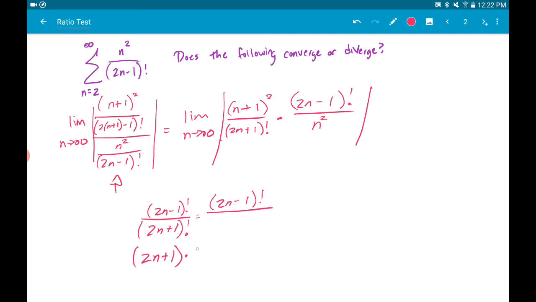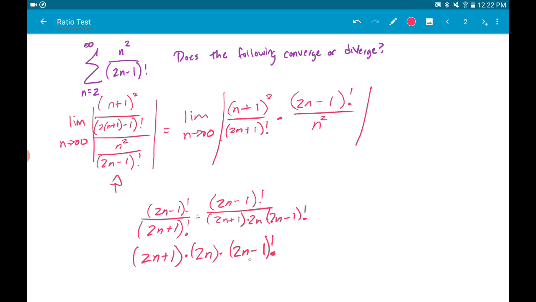Take away 1, it'd be 2n. Take away another 1, and it'd be 2n minus 1. And whichever one we end up with, we don't want to do 2n minus 2, 2n minus 3, so I can throw a factorial on that. And so that denominator is equivalent to 2n plus 1 times 2n minus 1 factorial.